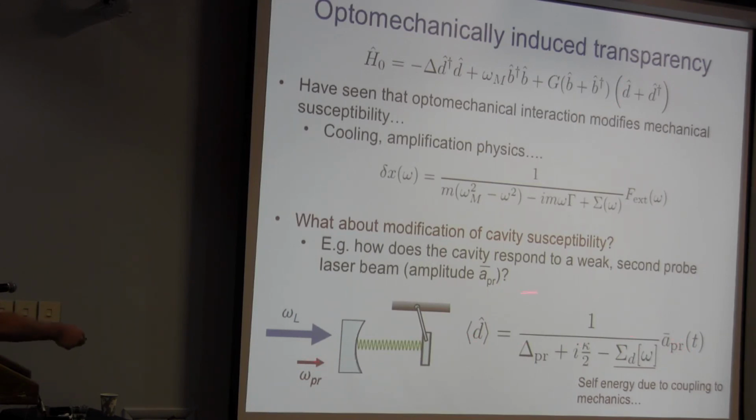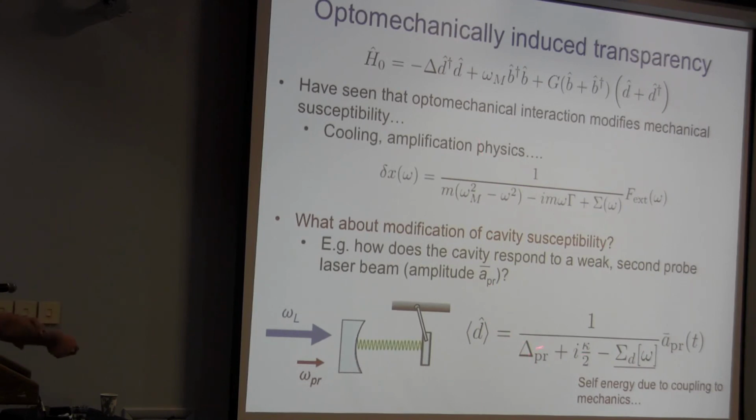And again, there's going to be some susceptibility that sits in front there, exactly like the mechanical resonator responding to a force. And if there was no optomechanical interaction, what would this factor be? Well, it's just the susceptibility of a harmonic oscillator.